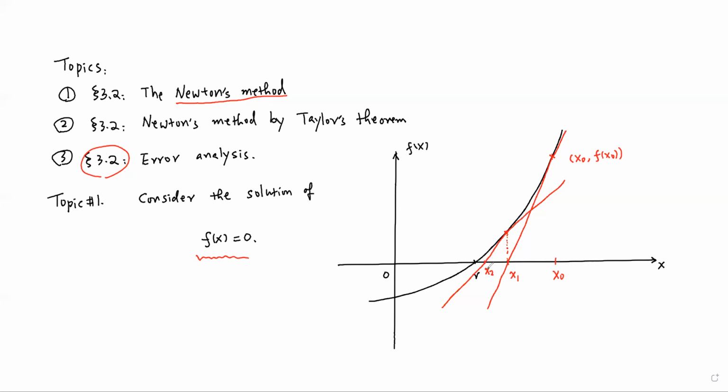At x2, draw a tangent line, then we get x3. These points, x0, x1, x2, x3, and so on, are called the points obtained by Newton's method.